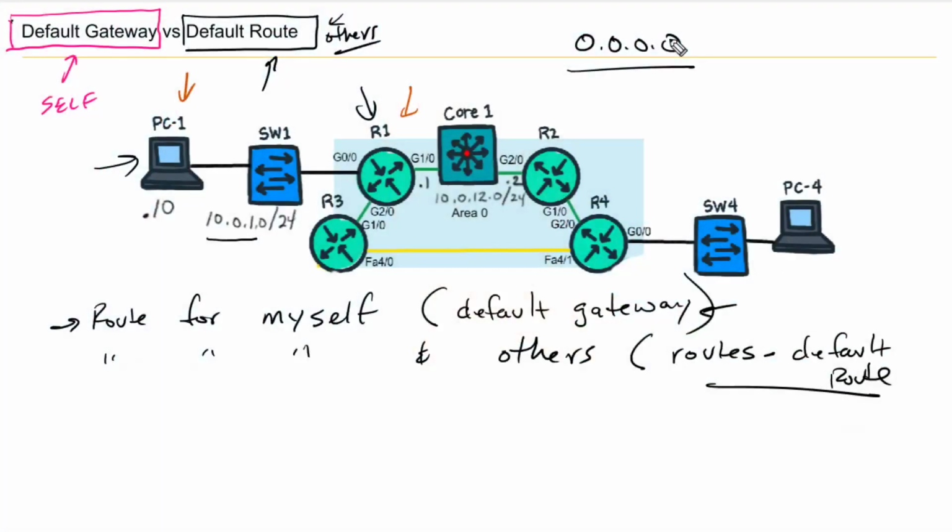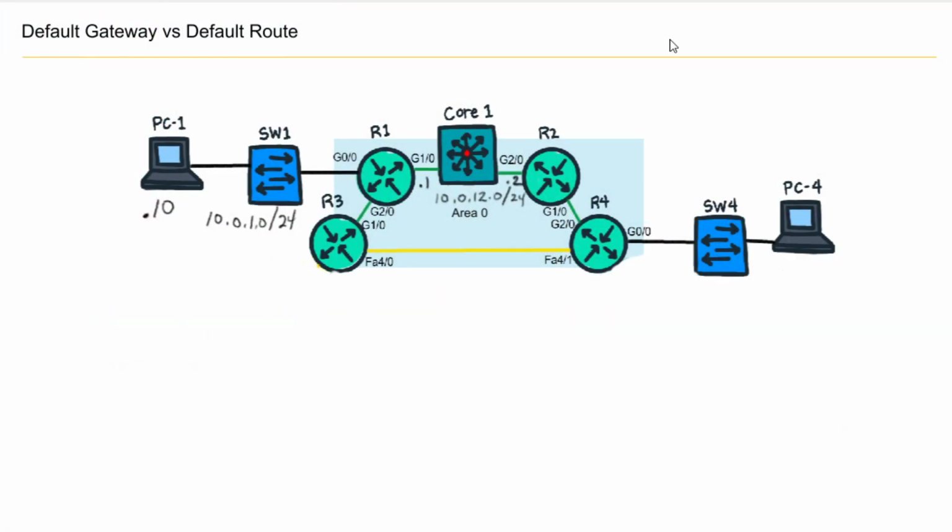Let me show you. Let's imagine together that this device right here, Core 1, is a layer 2 switch only. And let's also imagine, for discussion purposes, that it's not doing routing for others.